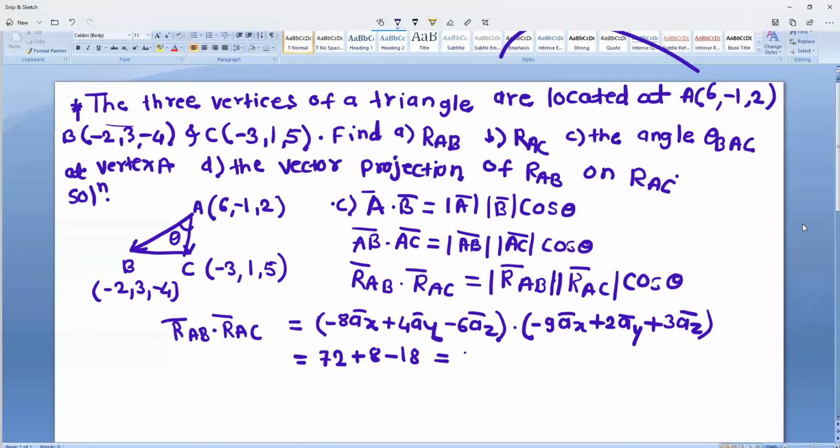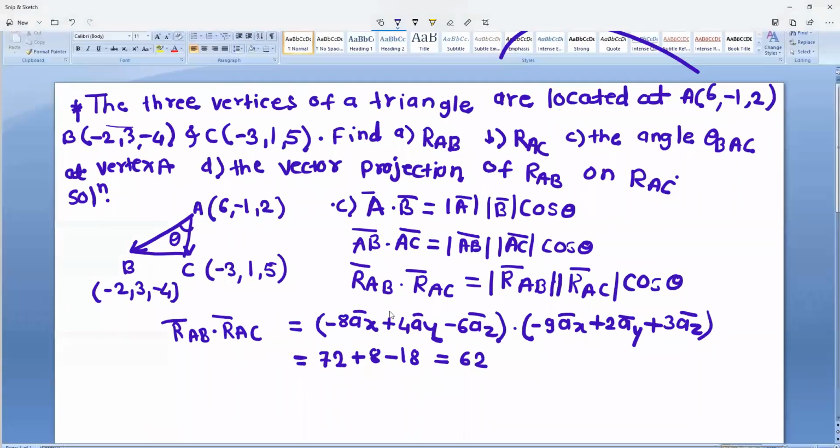So it is 62. Okay. Everyone got the answer? R bar AB dot R bar AC.